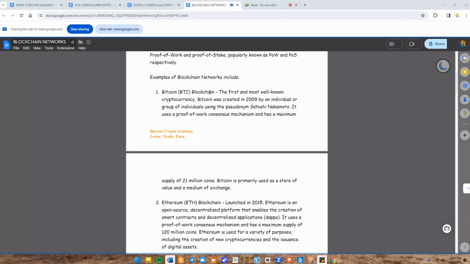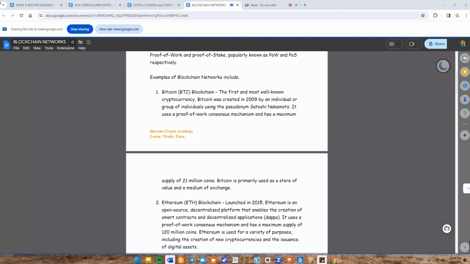But later, it graduated and it developed its own blockchain network, which we call the Binance Smart Chain Network, or the BSC. We like to call it the BSC, okay? And we realize that the BSC network is much cheaper, faster, and more efficient, even more than the previous blockchain network that it had been built on, which is Ethereum, okay? So we are going to look at that also.